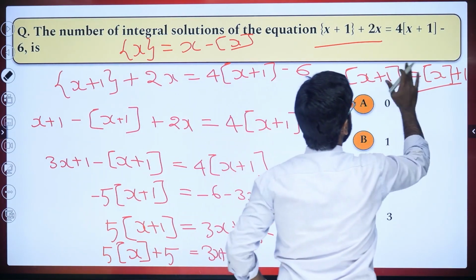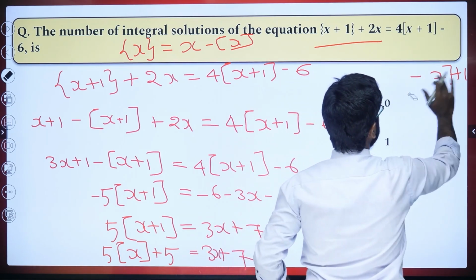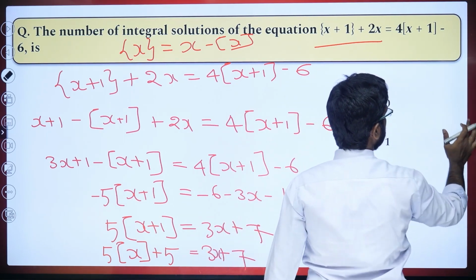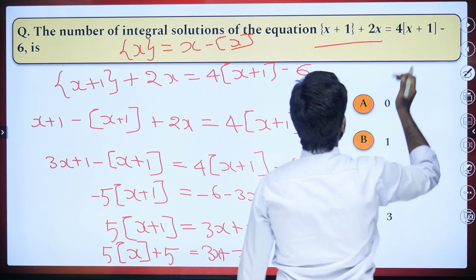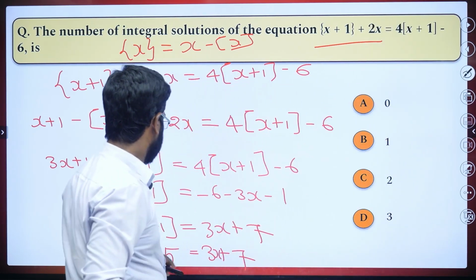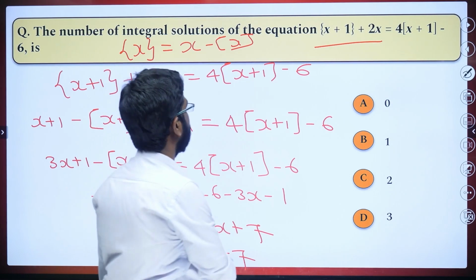Let me do here, my dear students. So now let me gather x on one side, my dear students.